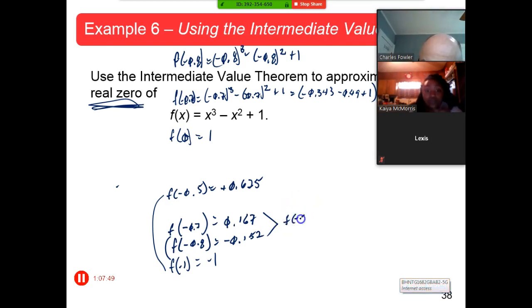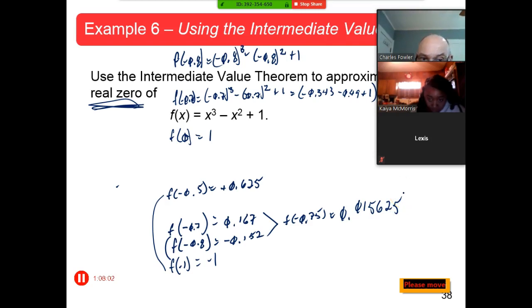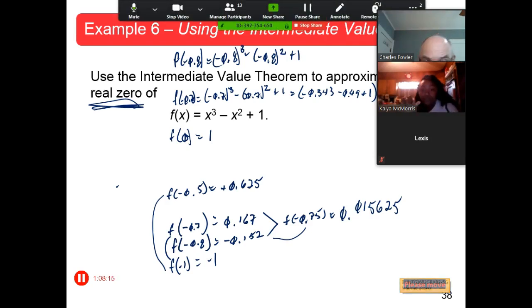F of negative 0.75 is 0.015625. Y'all get that? Something like that? Well, that's positive. So now we know it's in between these two numbers. Okay? And you can keep going until you get as close to 0 as you want to get. I'd say negative 0.75 is close enough for me.